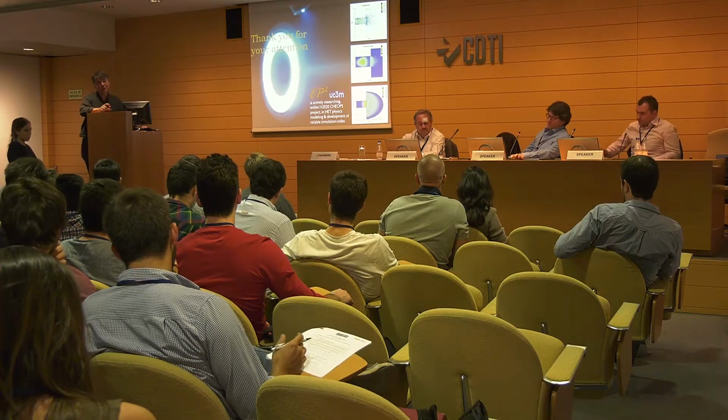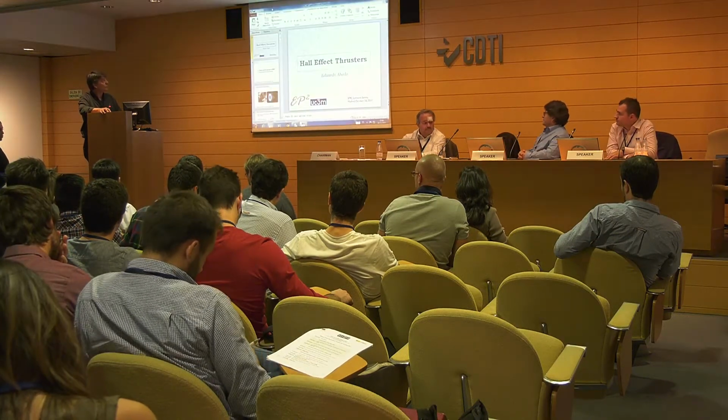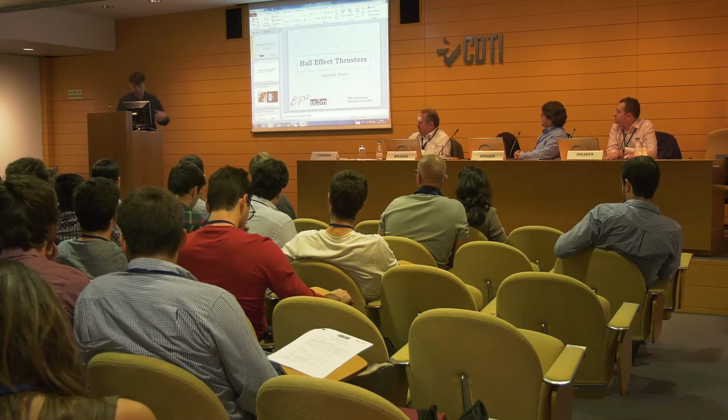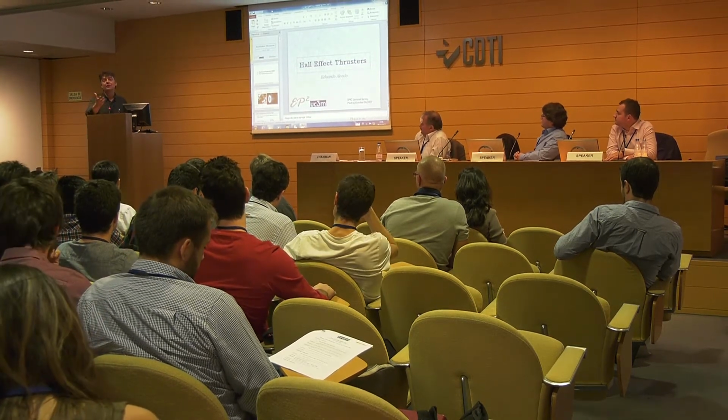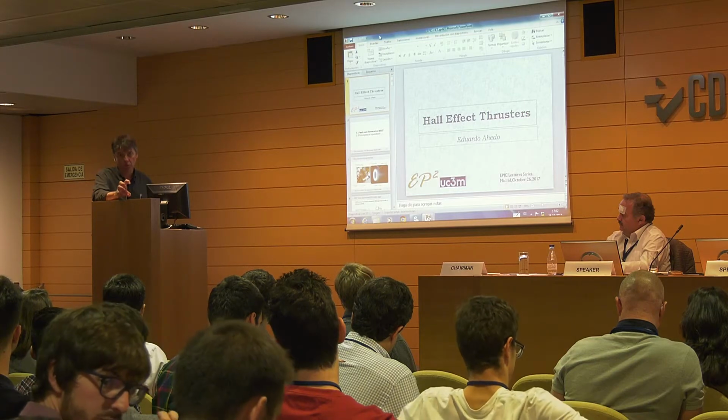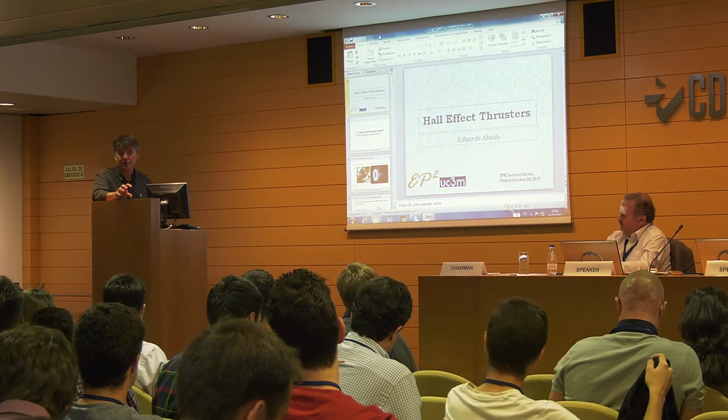Yes, there are activities. When I commented about the novel Hall thruster, I said there are other solutions. One of them is the cylindrical thruster. The cylindrical thruster was an invention of Princeton University, and now there is mainly activity in Japan. Japan is developing it, but at the level of a research institute and university, where they are working on the cylindrical thruster, trying to solve some of the problems you have when you go to low power and you lose efficiency.